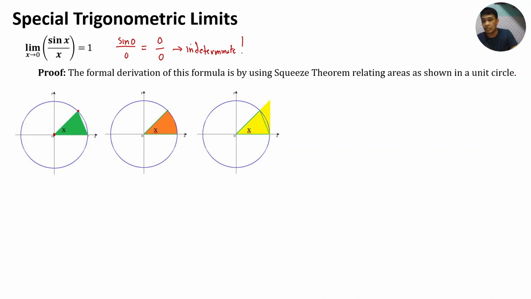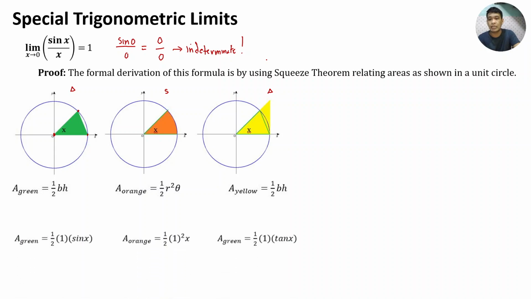This distance to that point is also 1. So, we have here area green, area orange, and area yellow. This is a triangle, this is a sector, and this is also a triangle. So, let us try to find the area of the green, area ng orange, and area ng yellow respectively.